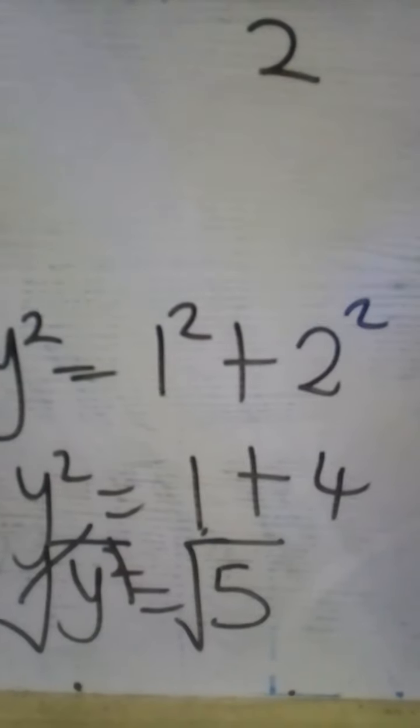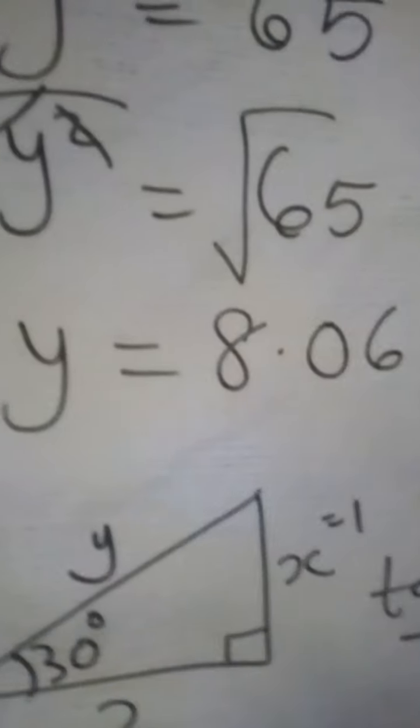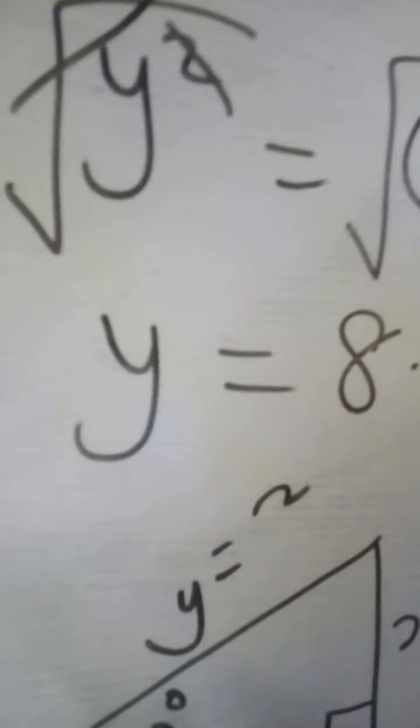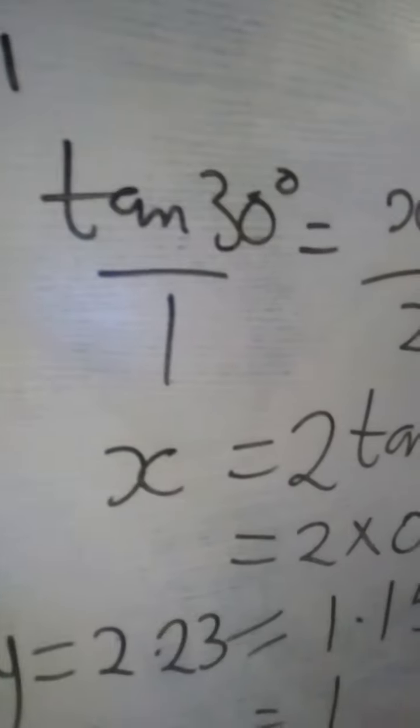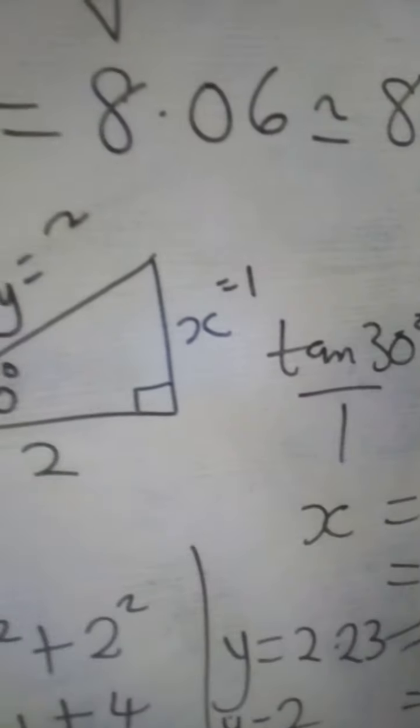The square root cancels the square. Then I have my y equal to the square root of 5. So the square root of 5 is 2.23, and that means approximately I can say my y equals 2. So x is 1, y is approximately 2, or if you say 2.23, that will be better.